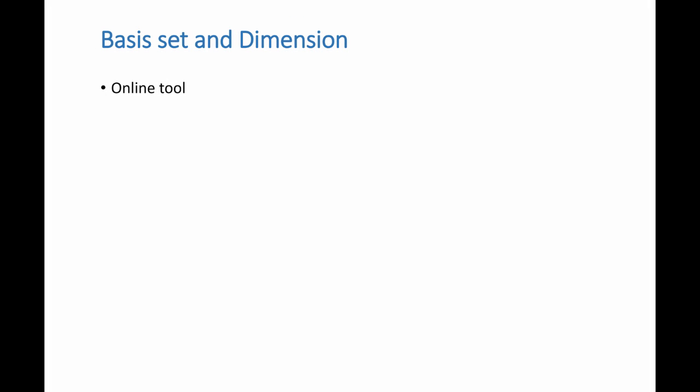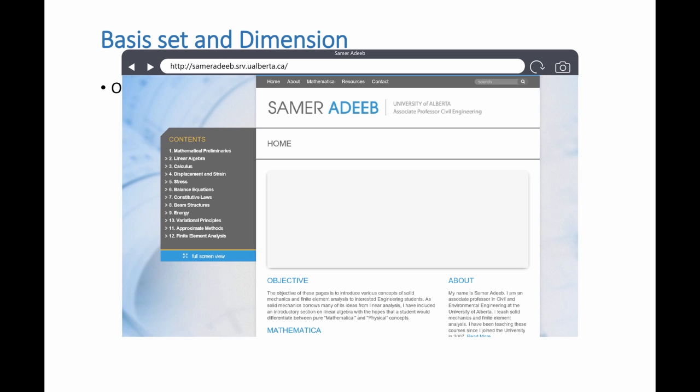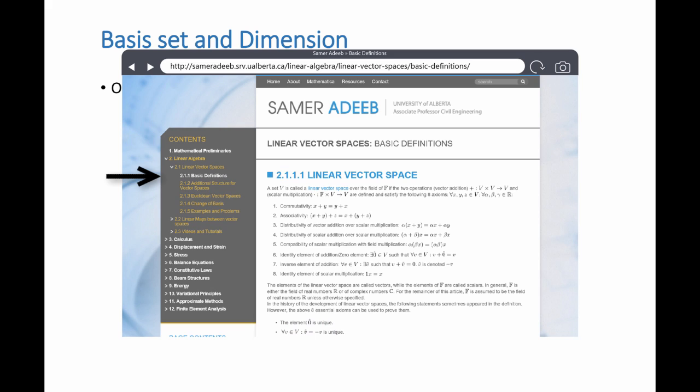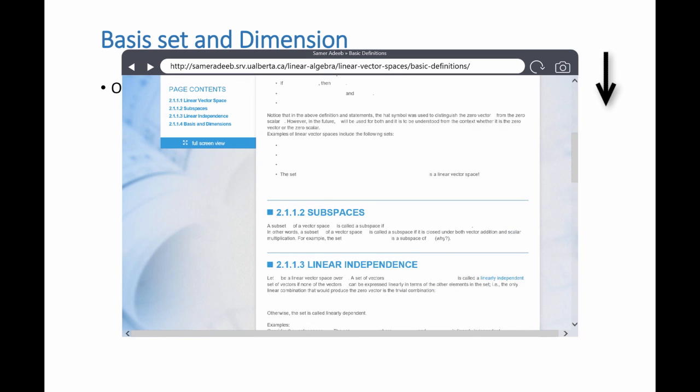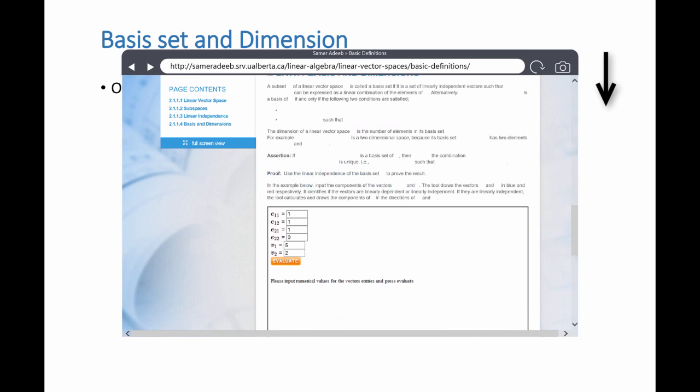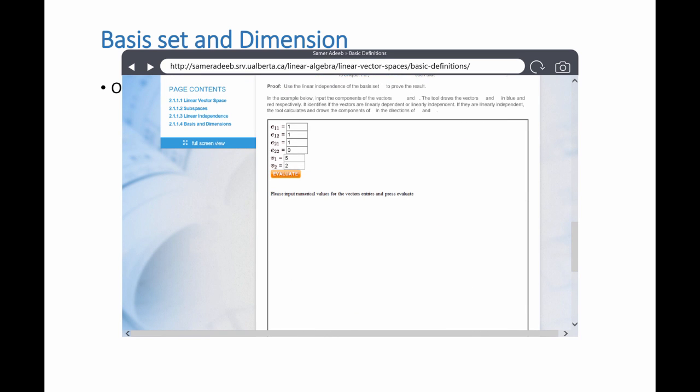We're now going to check the online tool in the course website, sameradib.serb.ualberta.ca. If we click on linear algebra, linear vector spaces, basic dimensions, basic definitions, and scroll to the bottom, in a two-dimensional vector space, I'm going to put the components of a vector E1.